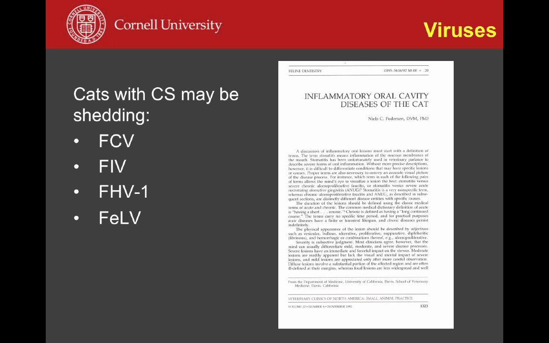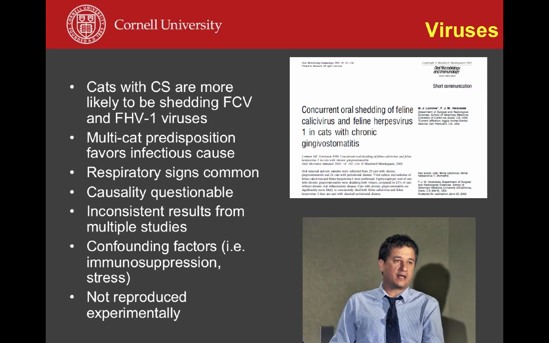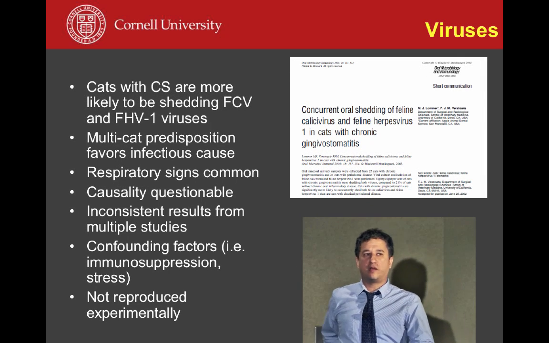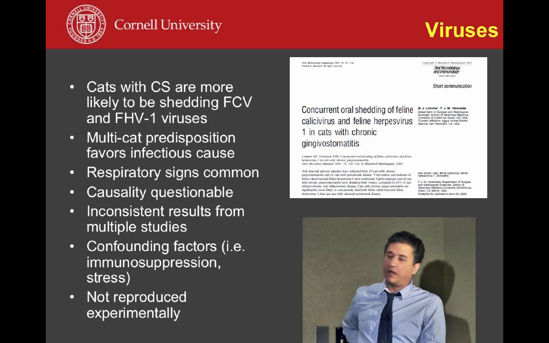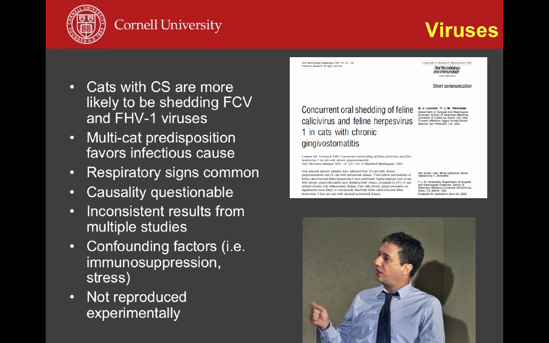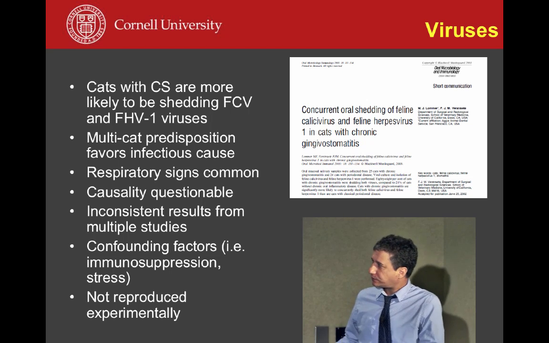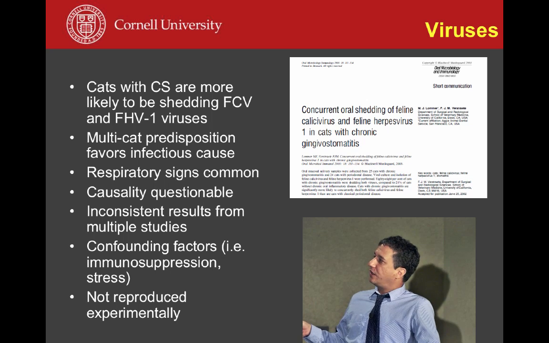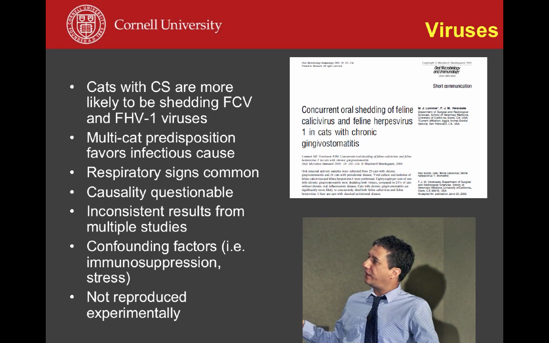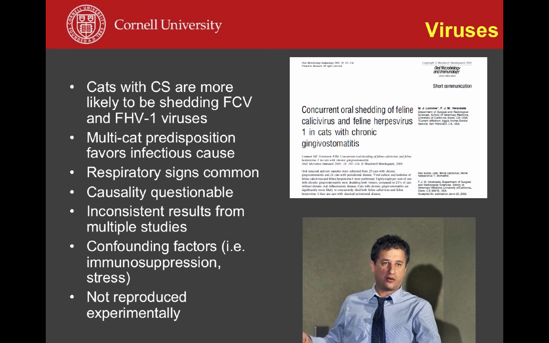The association between the two, though, is not clear, and whether it plays a causative role or not is yet to be demonstrated. There's different things that can be going on, not necessarily a cause and effect relationship. But regardless, many cats with chronic stomatitis are actively shedding calicivirus, and many cats are actively shedding herpesvirus.